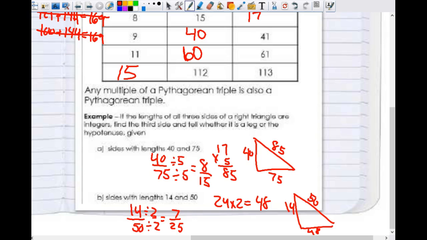All right, we're good. Okay, I want you guys to shelf Pythagorean triplets. The next thing we're going to do does not have very much to do with Pythagorean triplets.